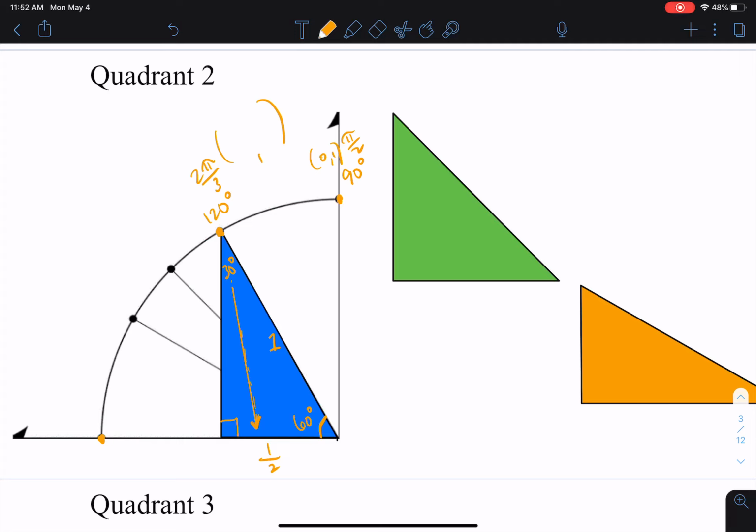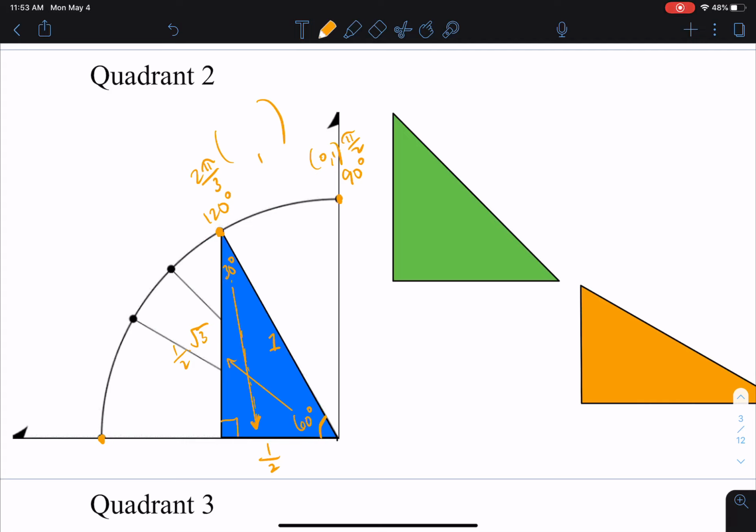And then the side opposite of 60, this length here, is going to be 1/2 times the square root of 3. This is just based off the 30, 60, 90 notes from last time.